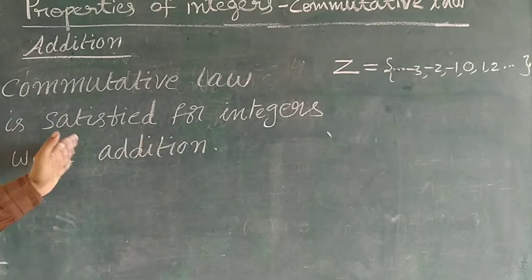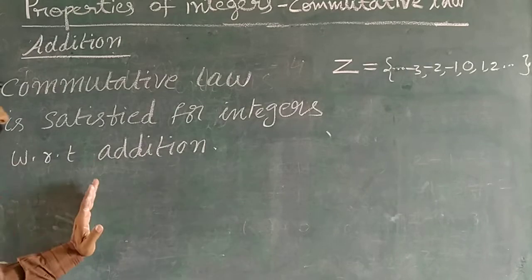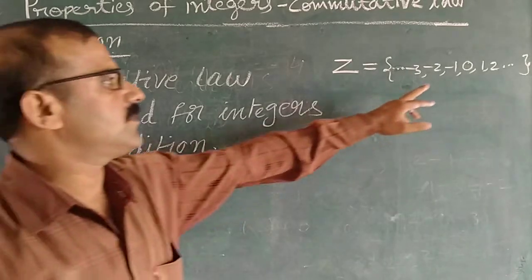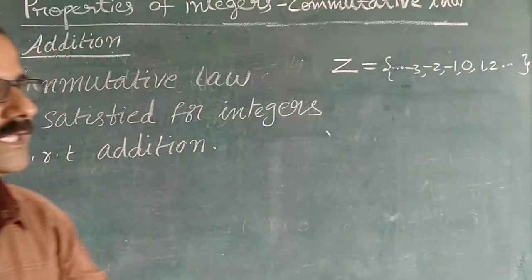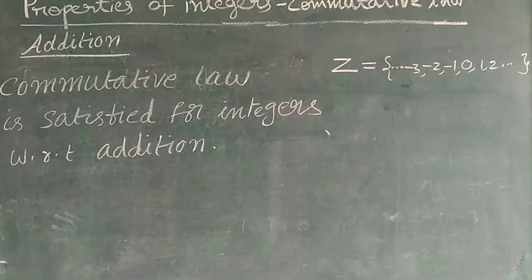When we observe a plus b equals b plus a, suppose we take two examples, 1 and 2. 1 plus 2 equals 3. 2 plus 1 also equals 3. So 1 plus 2 equals 2 plus 1.